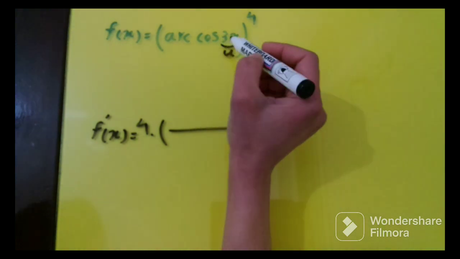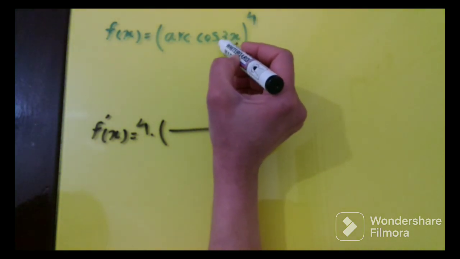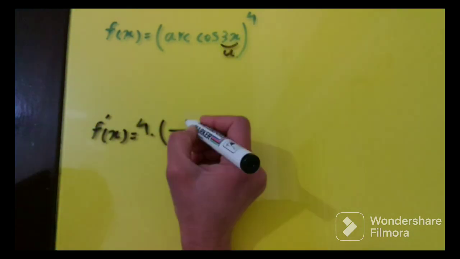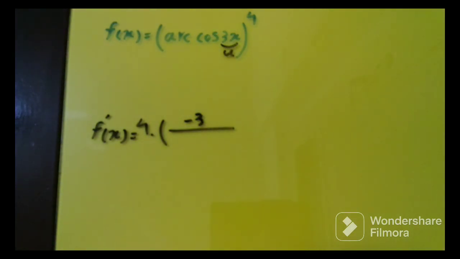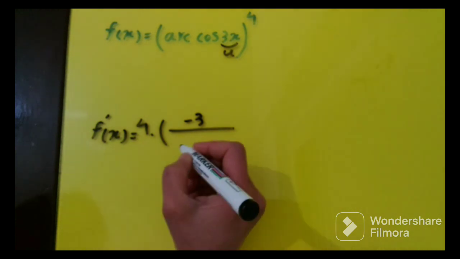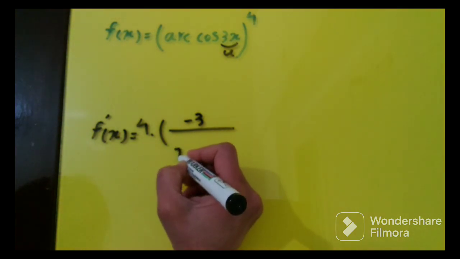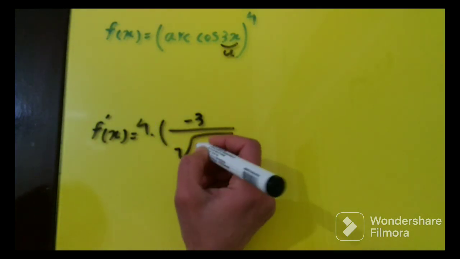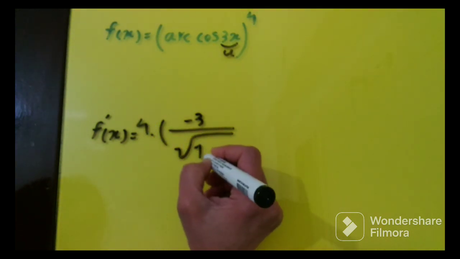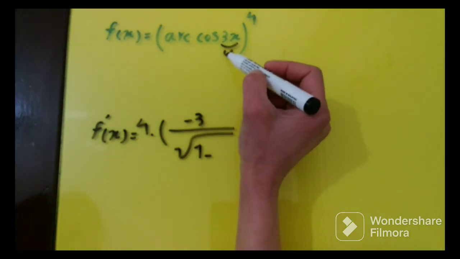So the derivative of u is the coefficient 3. It's negative 3. And for down, you should put a square root of 1 minus u squared.